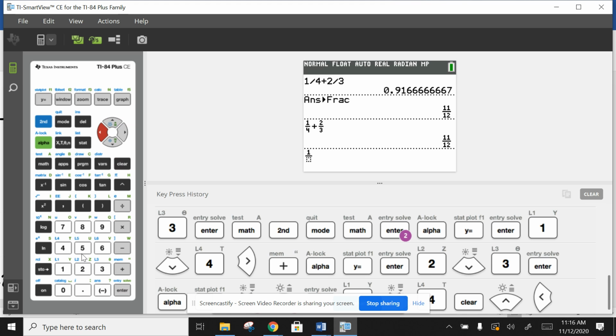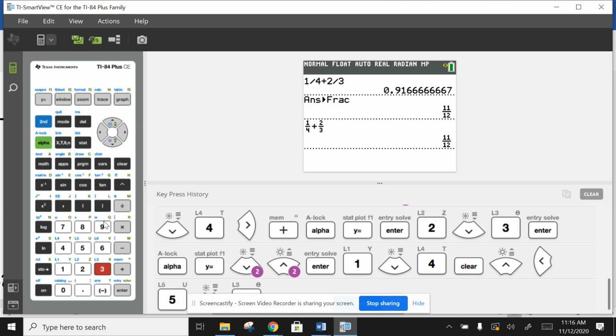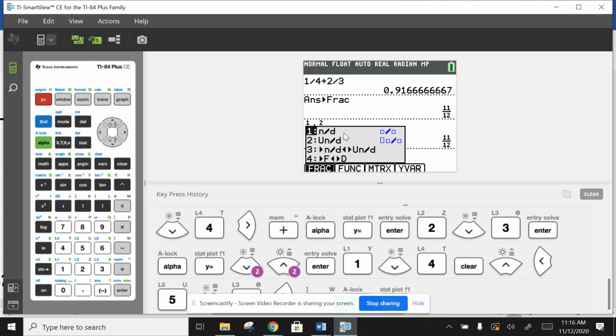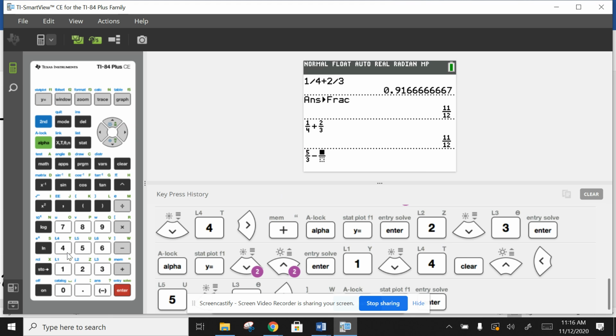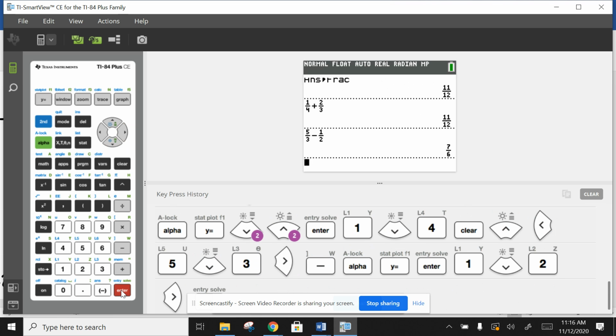Yeah, so 5/3 on top and then the 3 on the bottom. Now just make sure you move over. So you see this, do your minus sign and do the same exact thing. Hit your alpha key, hit the Y equals key, and then the one that we want is already highlighted. So we hit enter again. Was it 1/2? And then minus 1/2. And then by doing it this way, it actually gives it to you as a fraction.